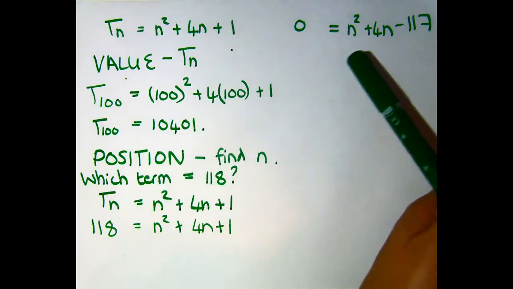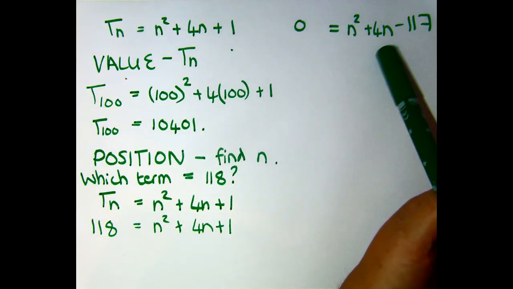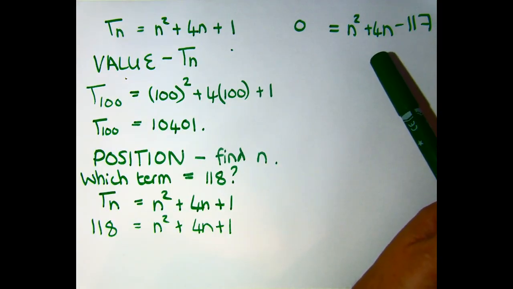Right, so that does factorize in quite a pretty way. And if you are really good at factorizing and you're quite good at multiplication, times tables, etc., then you can factorize that into 2 brackets. If you can't, or if you just want to save time, you can use the quadratic formula.